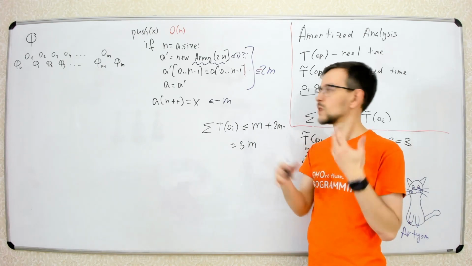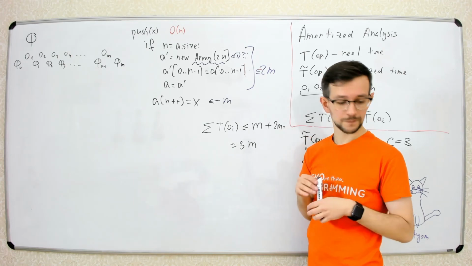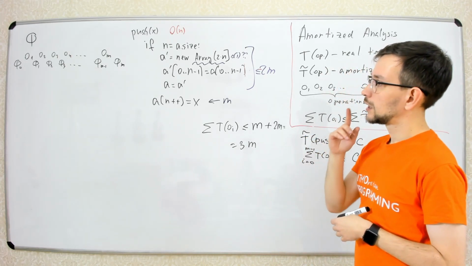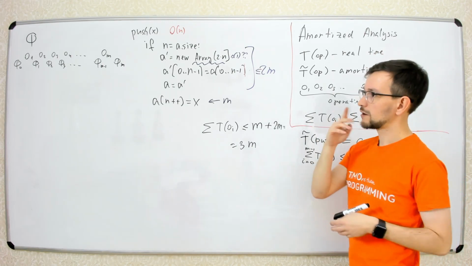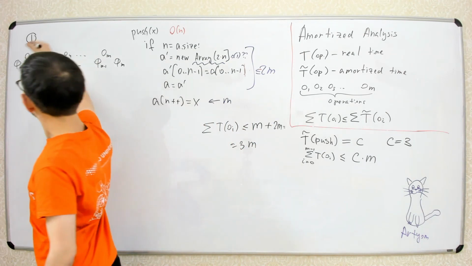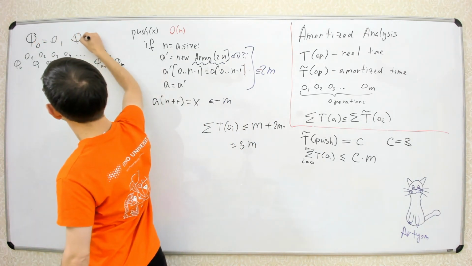It somehow expresses how bad your state of the data structure is. We will have two properties of the potential function: the initial value of the potential equals 0, and the potential will always be non-negative.